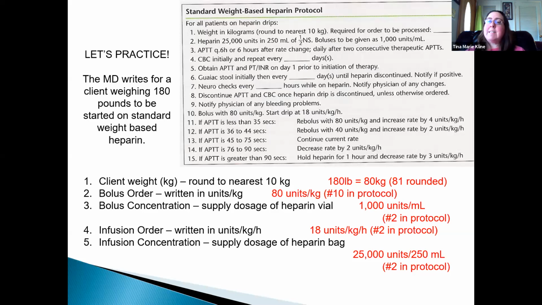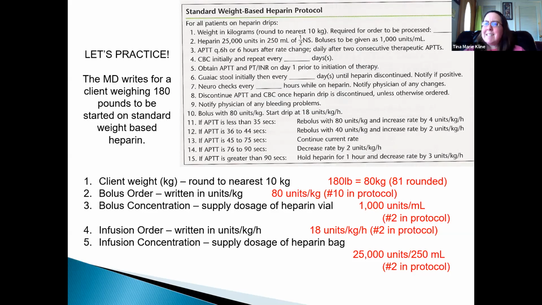So we have the 80 kilograms of weight. My bolus order is 80 units per kilogram. So I'm going to have 80 units times 80 kilograms to figure out what I have to give for the bolus. Okay. I know what my bolus concentration is because it's in number 2. My infusion order, okay? It says 18 units per kilogram per hour. So I take my 18 units multiplied by my 80 kilograms times 1 hour.